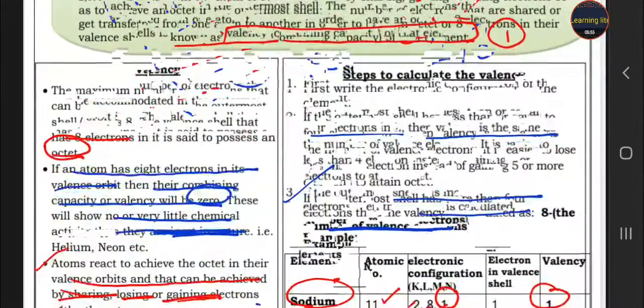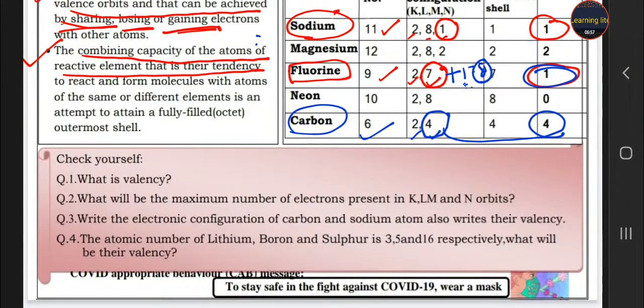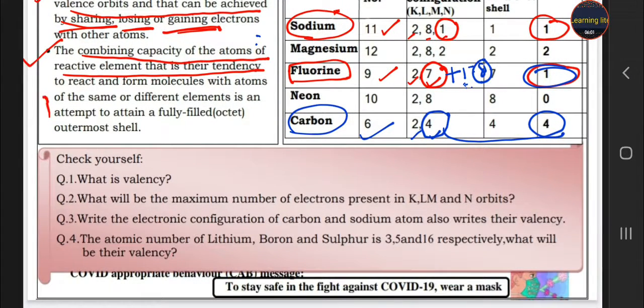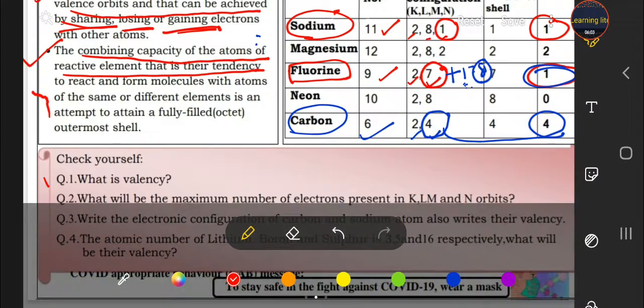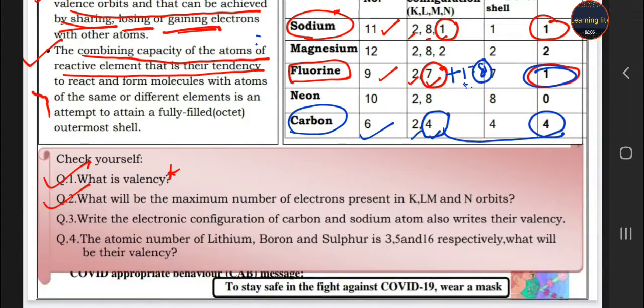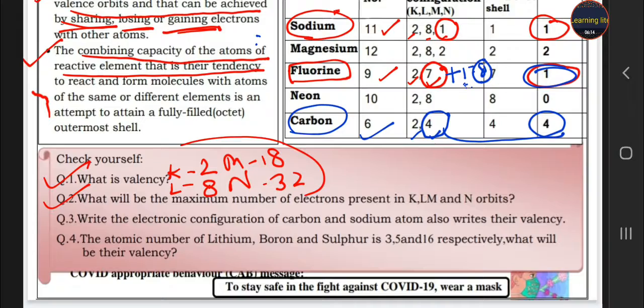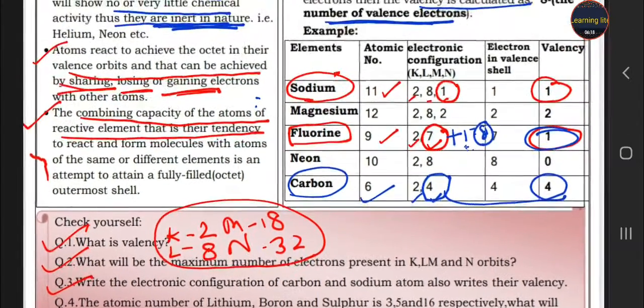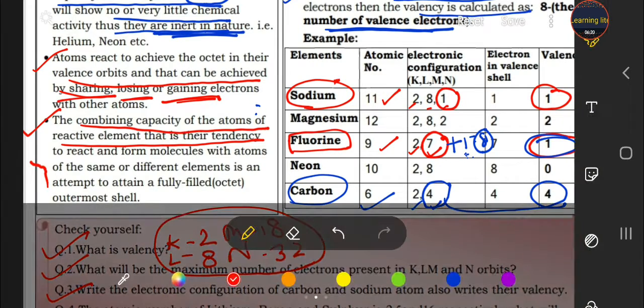Let's do our second question. What will be the maximum number of electrons present in K, L, M and N orbits? So the maximum number of electrons are: K has 2, L has 8, M has 18, N has 32. So this is the answer of your second question. Third, write the configuration of carbon and sodium.